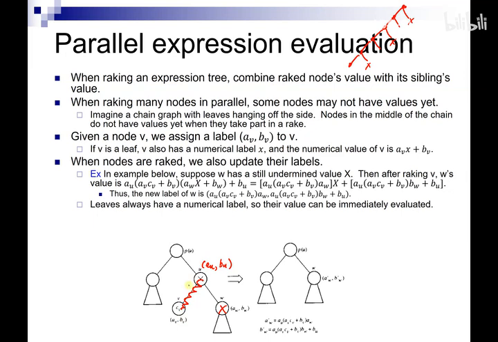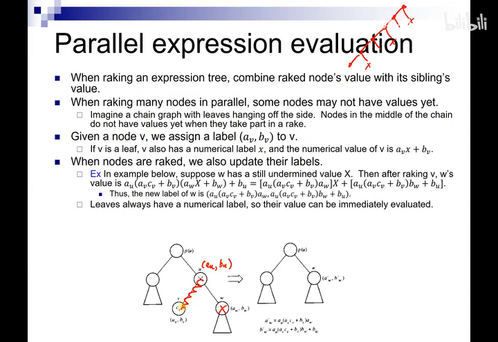Now when you rake node V, what we're going to do is this: this is a multiply. So this says that we should take whatever value is over here and whatever value is over here, and multiply them. That gives us a numerical label for this node, and then the actual value for the node is going to be the label times this AU plus the BU.